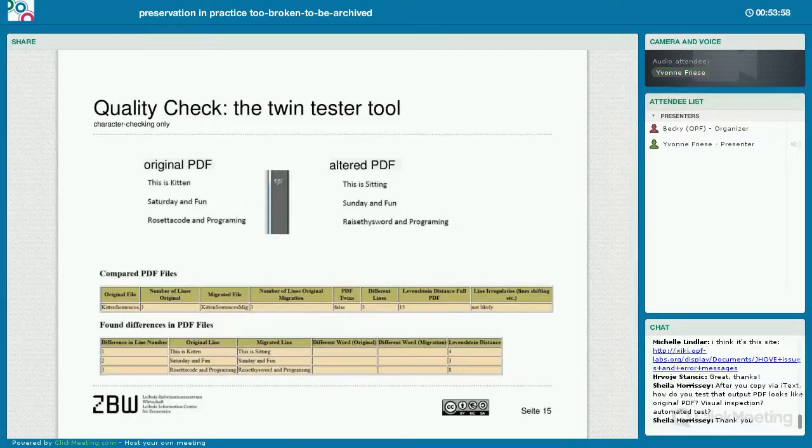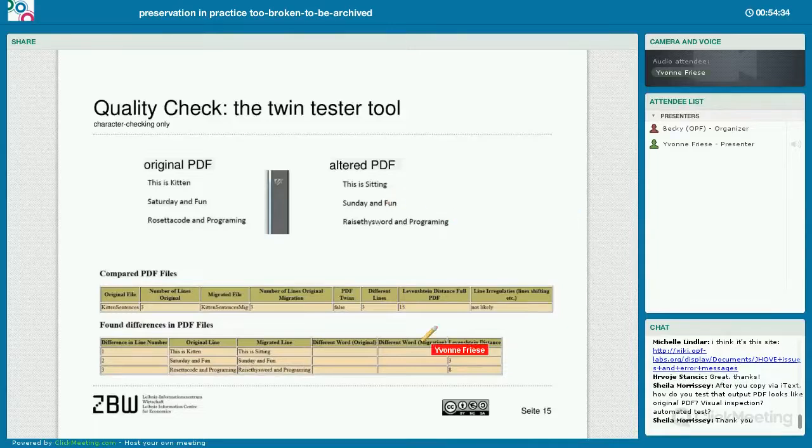And you see that there are some differences between the two PDFs. Some words are just different. And then the tool just extracts every line in the original PDF and in the altered PDF, and compares all the characters line by line. And if there are differences, it says so.